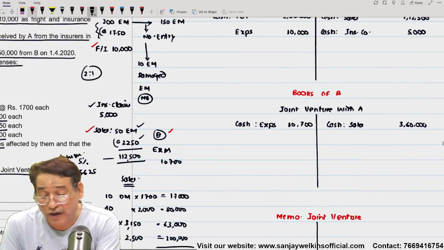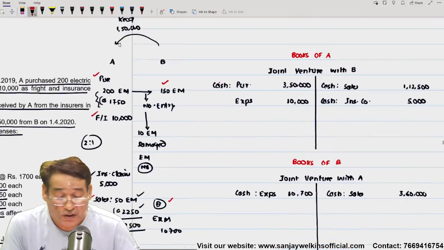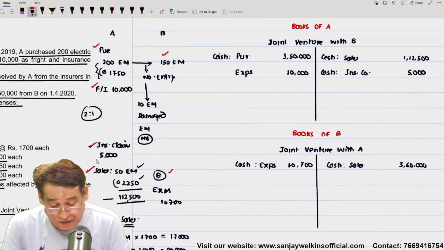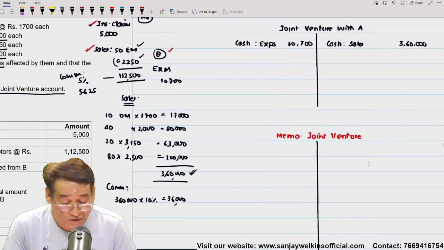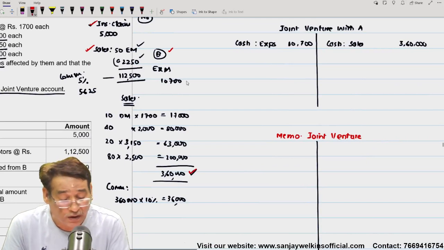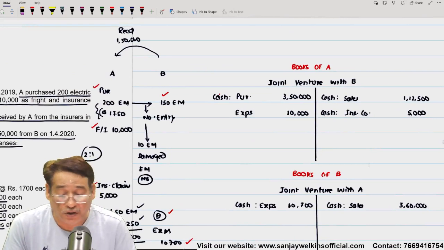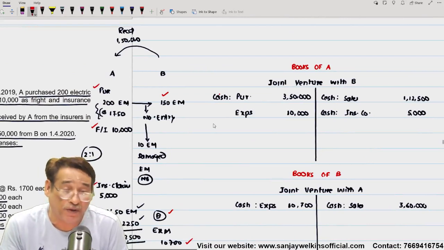So all the transactions of A, purchases over, insurance claim, sales over. Now transactions of B, as far as is concerned, sales is over, expenses is over. Now both these co-venturers are entitled to commission. So A will also receive some commission.